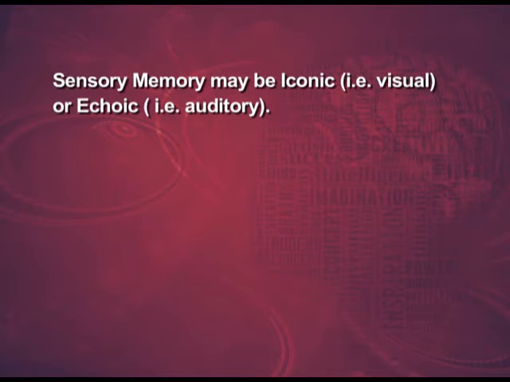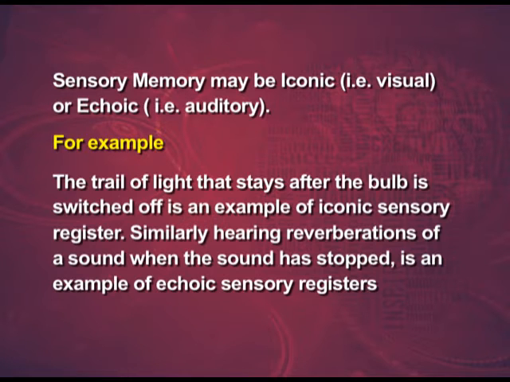Sensory memory may be iconic, that is visual, or echoic, that is auditory. For example, the trail of light that stays after the bulb is switched off is an example of iconic sensory register. Similarly, hearing reverberations of a sound when the sound has stopped is an example of echoic sensory register.